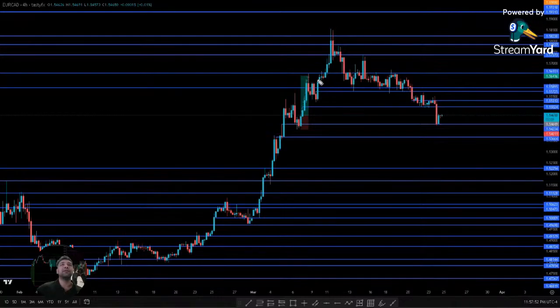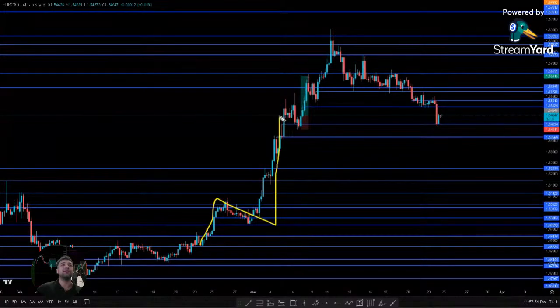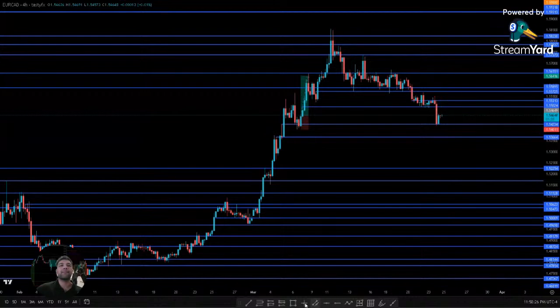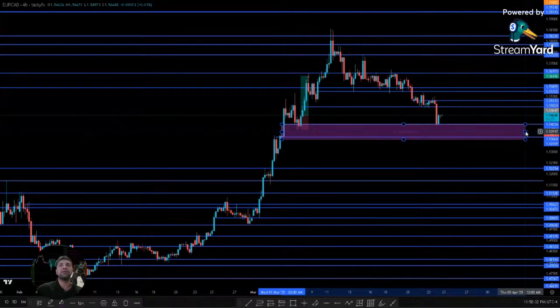Really a good pattern formation right here. We can see that euro was quite strong against the Canadian dollar, went up there like that, then euro started getting weaker, and the weakness is continuously pouring in. This was a structure right here. We can see a good breakout candle right here, a good breakout candle on the downside. Then again prices went into the range, and again prices tanked down right here, reaching this order block. This is an order block right here.